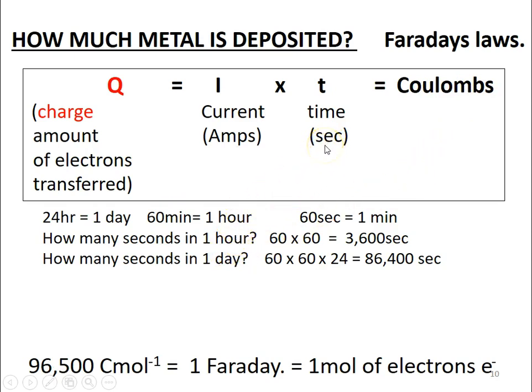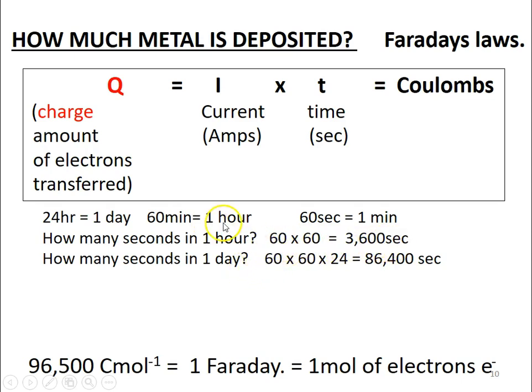So to convert whatever time you're given to seconds, there's 60 seconds in a minute if you're given minutes, and there's 60 minutes in an hour, and there's 24 hours in a day. So to work out how many seconds in an hour, each minute has 60. If you've got 60 minutes, it's 60 lots of 60, so 3,600 seconds in an hour.